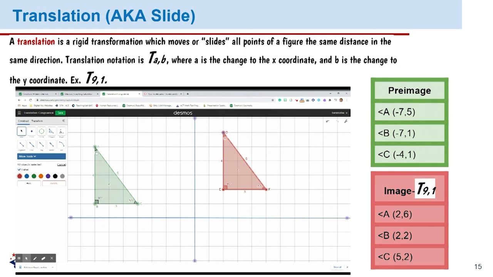So even though I translated this figure 9 units to the right and 1 unit up, it is still exactly the same, or congruent.